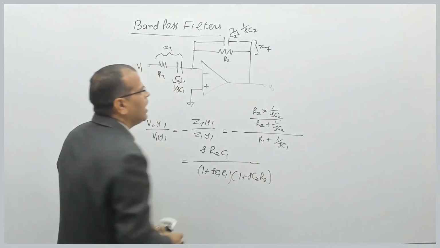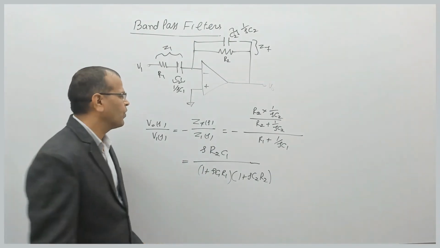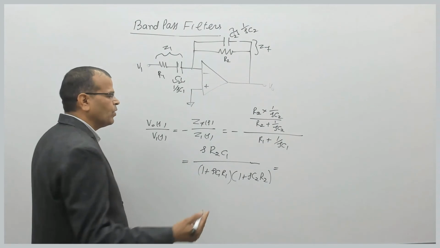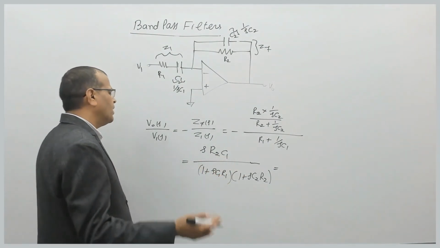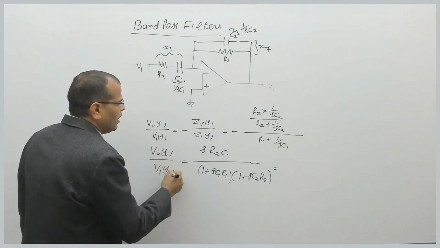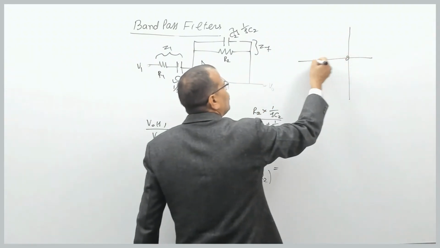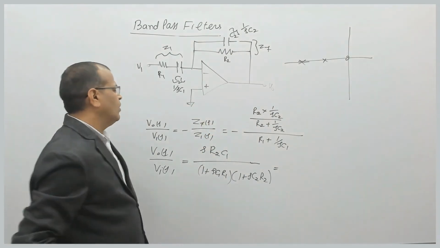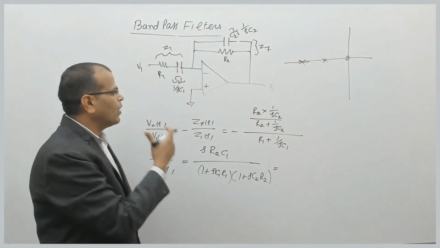What I did, I have simplified this expression here. That's it. Fine. So now you can further simplify it in terms of poles and zeros, right? But this is the overall transfer function. And if you see from here, I have one zero located at origin and two poles located this way, right? So that is how this circuit is a wide band pass filter working in inverting mode.